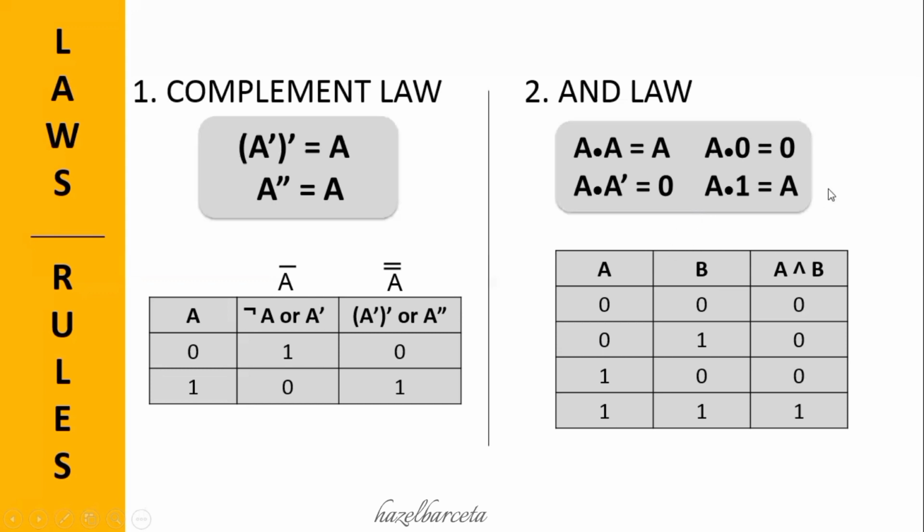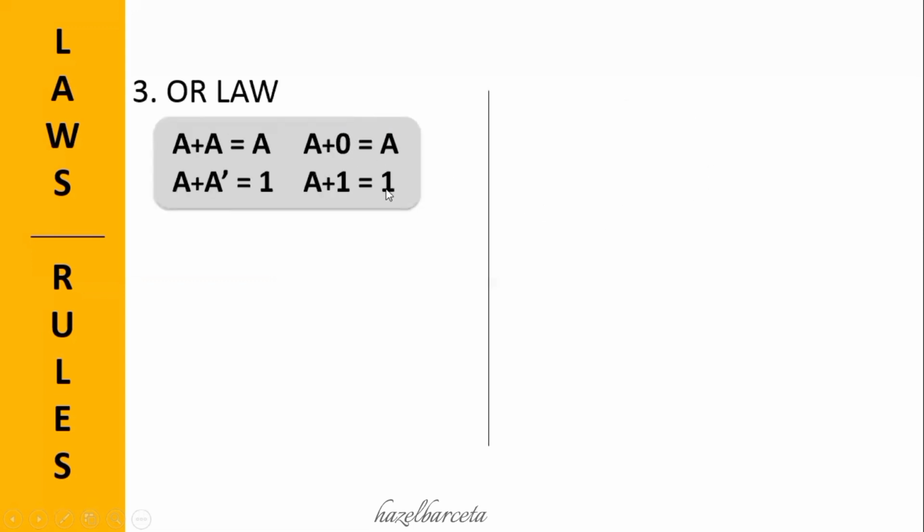So, ayan. Just in case po na nakalimutan po natin ito, pwede naman po natin konsultahin ang ating, what do we call this? Truth table. Galing din naman po yan dyan. So, this is the AND law, complement law. And the third is OR law.